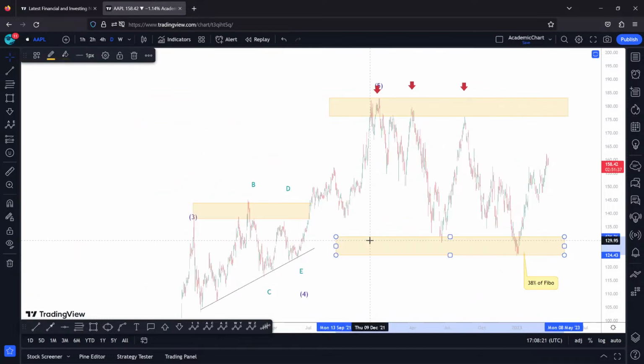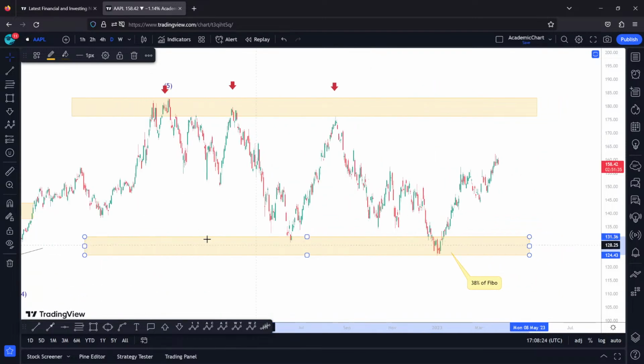Maybe I can extend this to the left, but I'm happy with this so far. So this is the start of our corrective momentum, and I can see that price is having momentum in the range market, less than or close to 38%. Now it has a better view.